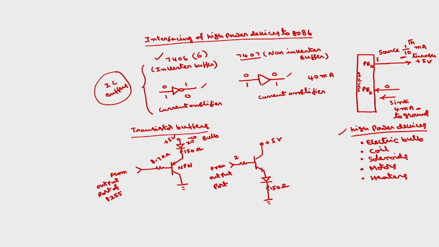This resistor value will be 2.7 kilo ohms. So here also this acts as a buffer, meaning if input is 0, output is also 0, if input is 1, output is also 1.